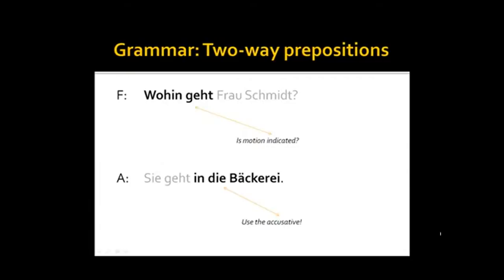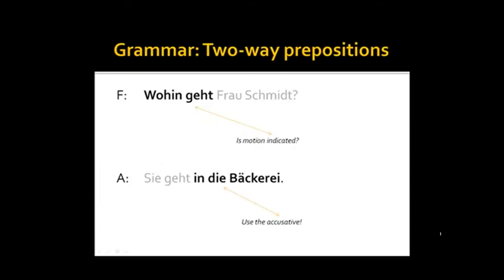Now, you recall from our discussion on two-way prepositions that whenever she goes into the bakery or somewhere, any time movement is involved, if I use a two-way preposition to express that movement, I'm going to use it in the accusative case. That is, the object of that preposition will be in the accusative form. So it's die Bäckerei, sie geht in die Bäckerei.